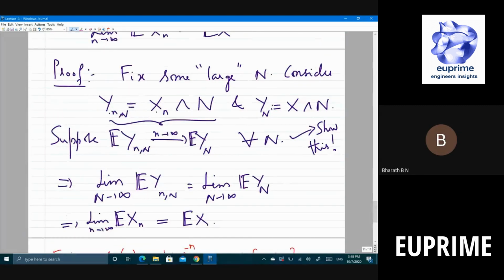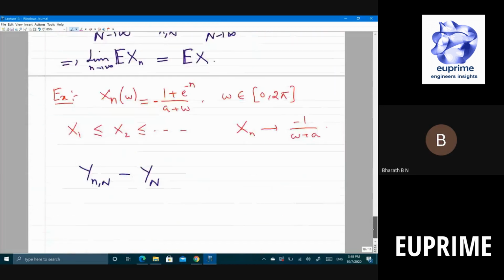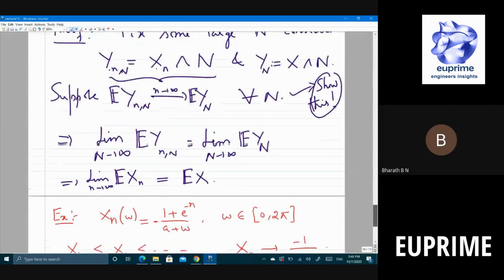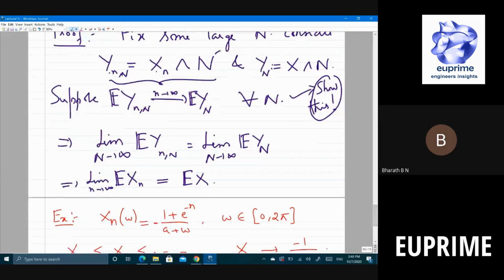Sir, is the limit over small n? No, sir, you have written a capital N. Both. Eventually I have to take it over capital N, because the expected value of the minimum of Xn and n, as n goes to infinity, is the expected value of Xn. That's the idea.